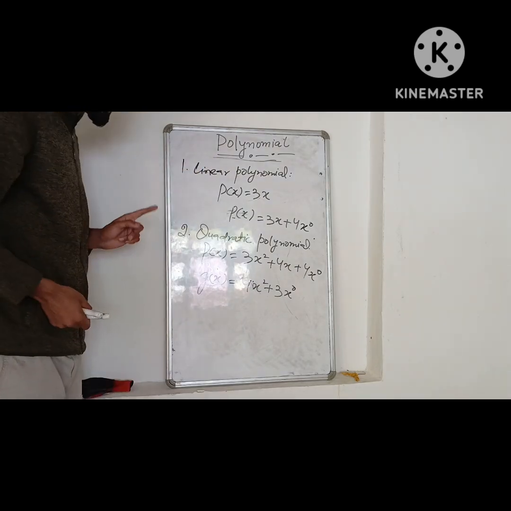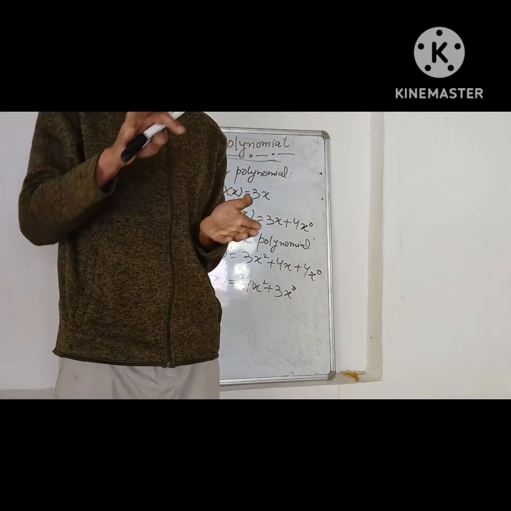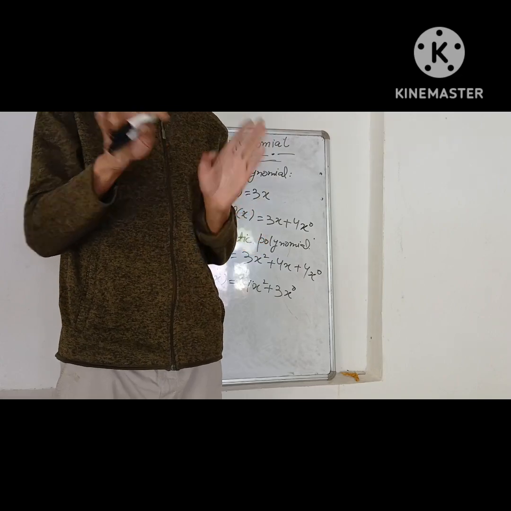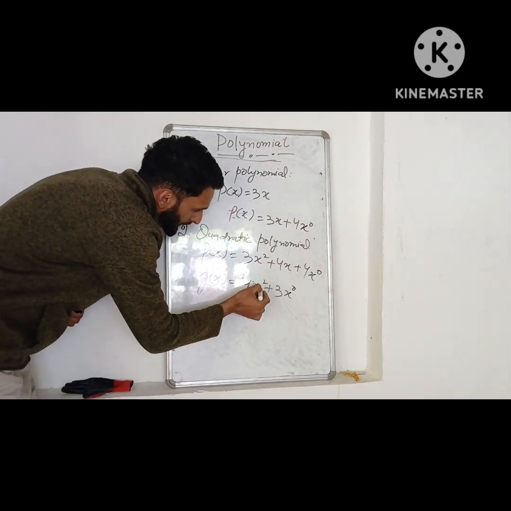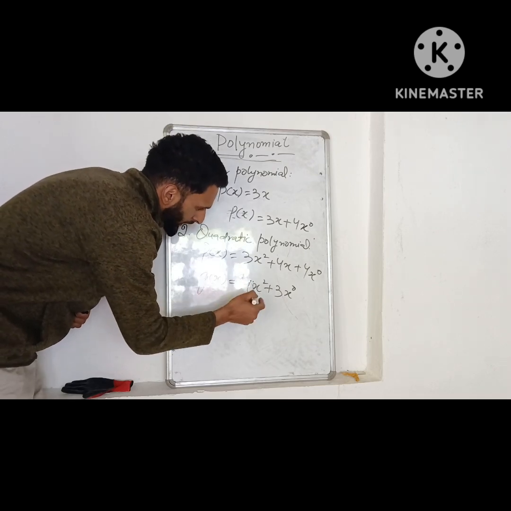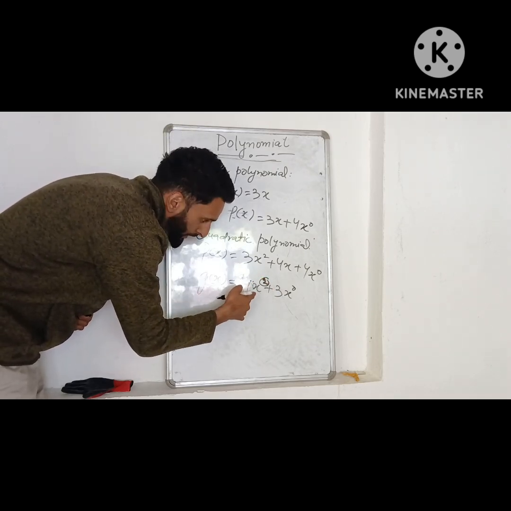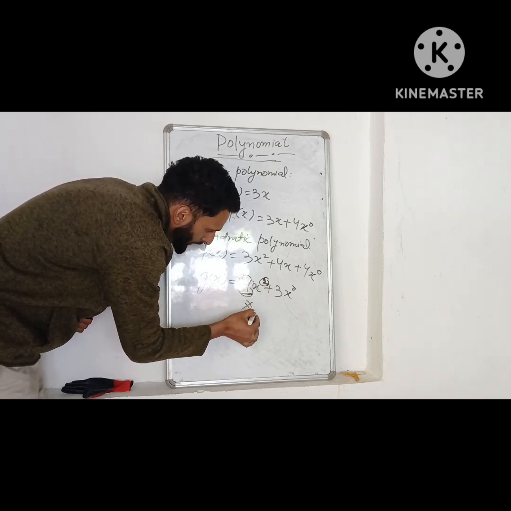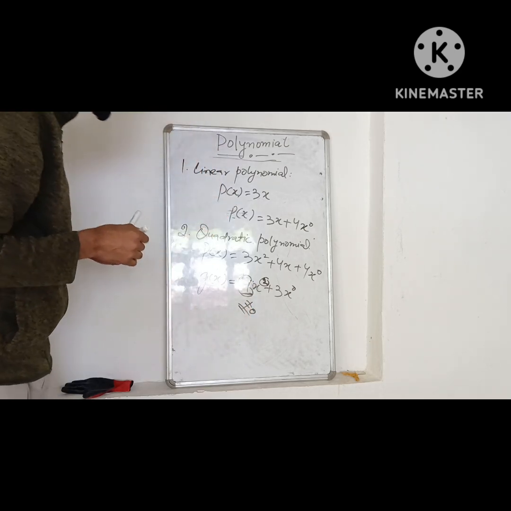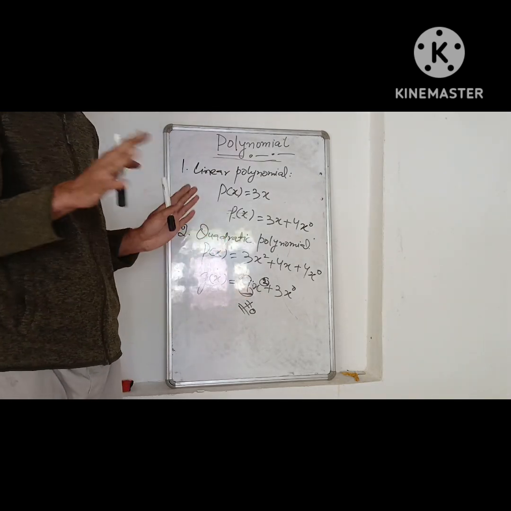Also, if the degree of a polynomial is 2, its leading coefficient must be not equal to 0. Say this polynomial has degree 2 because this is the highest. This is called the leading coefficient of this variable. It should never be equal to 0. If it is 0, then we can't say that 2 is the degree of the polynomial.